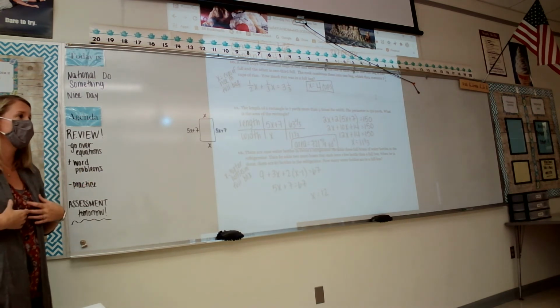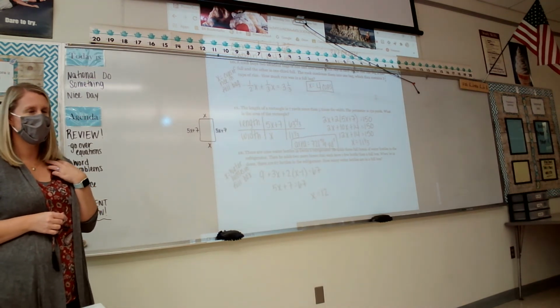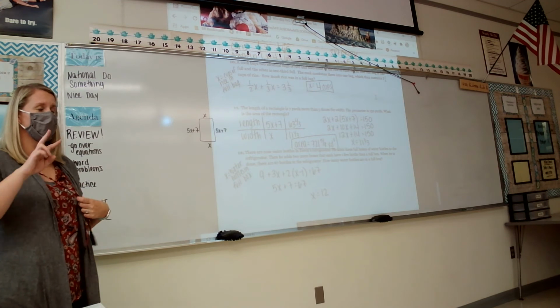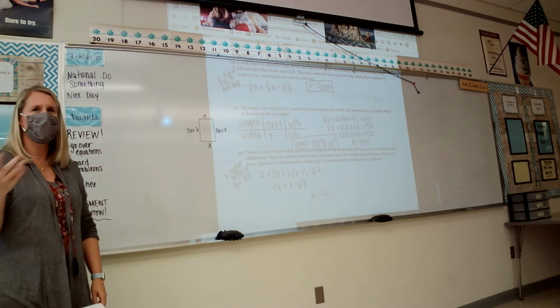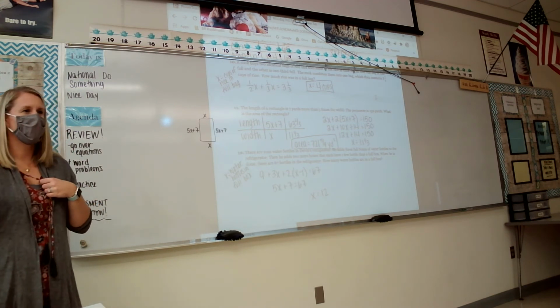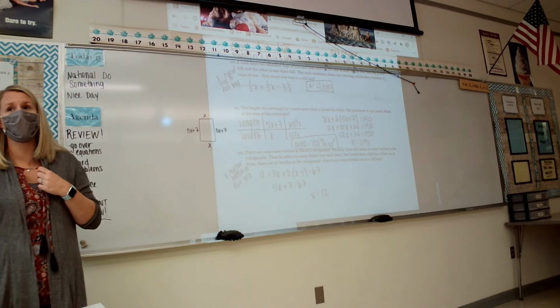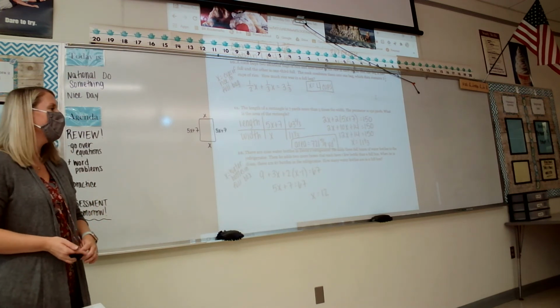It's going to look like it's backwards. I do that on purpose, because usually when you take a test or a quiz or an assessment, it starts with the easy and goes to the hard. I do it backwards. I start with the ones that are the most points and work my way down. So the multiple choice is actually the last thing on the quiz or assessment, whatever you want to call it.